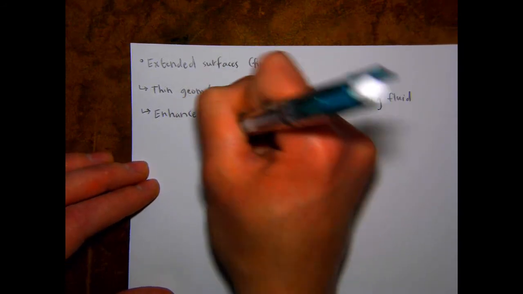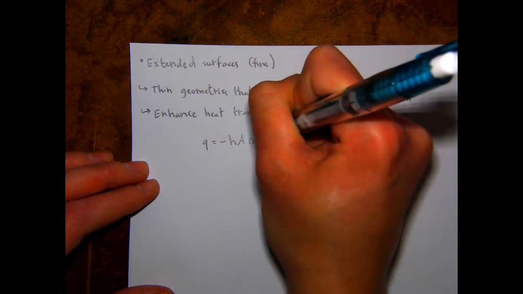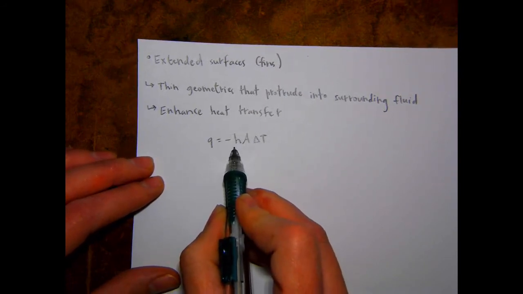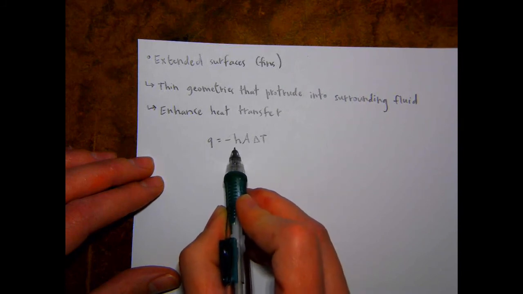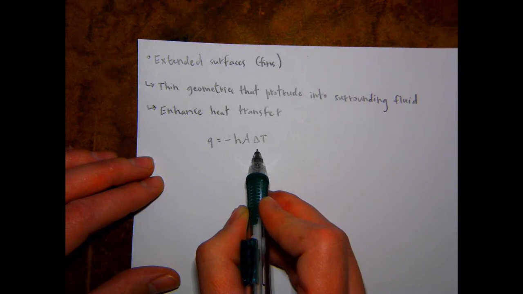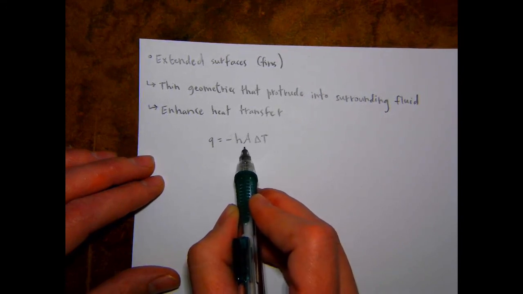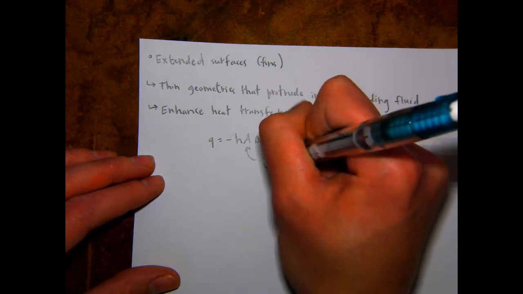If we look at our convection equation, hAΔT, if we want to increase convection, we can either increase the coefficient, increase the area, or increase the temperature difference. Increasing the coefficient typically involves increasing the ambient flow speed, and increasing the ΔT typically involves cooling the ambient air, both of which are fairly expensive. So the last option for increasing heat transfer via convection is by increasing the surface area, and that is the purpose of fins.